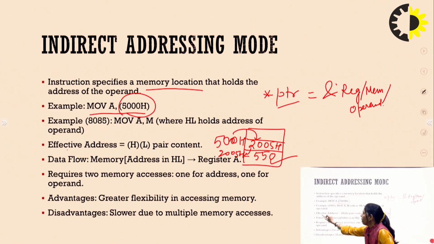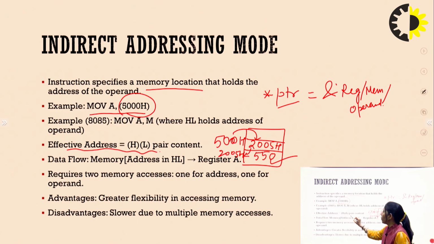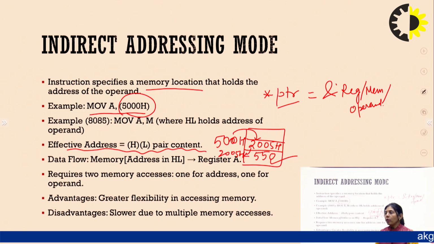So we can say that the effective address is calculated by the HL pair, that is the higher and lower order byte pair. The address is always given in terms of this. For our example where we consider 2005H, this was the H, 20H, and this was the L, 05H.